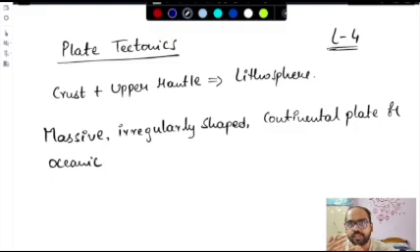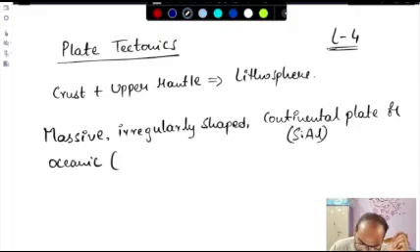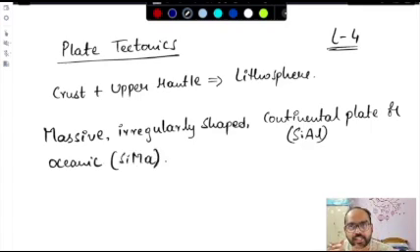Okay, what are the constituents in a continental plate? That of a continent is Sial, that is silicon and aluminium, and that of oceanic is Sima, silicon and magnesium. If a plate contains more of Sial, it is called a continental plate, and if it contains more of Sima content, it is called an oceanic plate. And moreover, density of the plates.